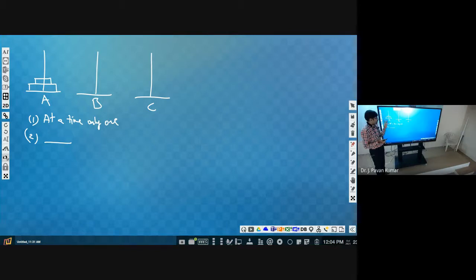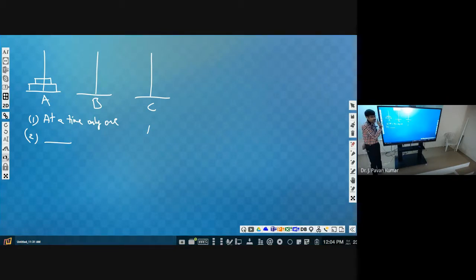Now what are the steps that we can have here? First, small box to B. That means, suppose we want to move a disk from A to B, which can we move, the first one or the second one? Definitely we have to take the first one, because we cannot directly take the second one.